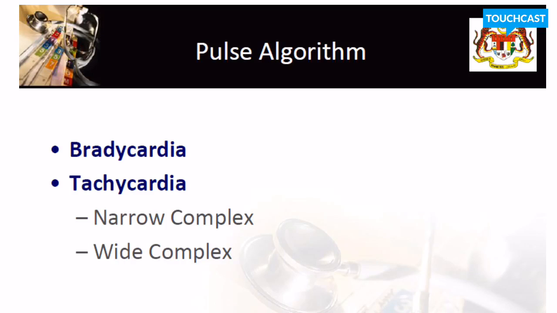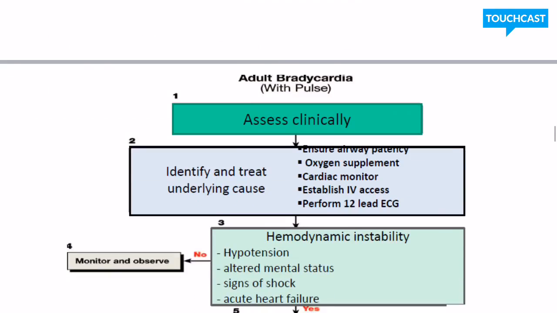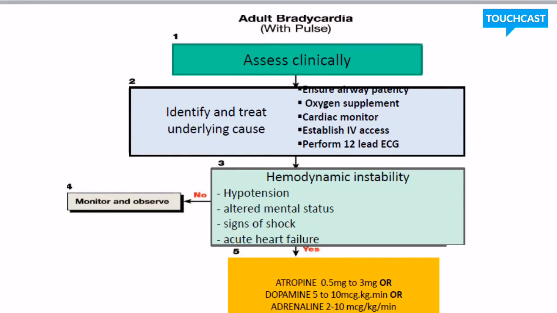Okay, now we go to bradycardia and tachycardia. In bradycardia, we need to assess the patient clinically. By definition, heart rate less than 60 is bradycardia.